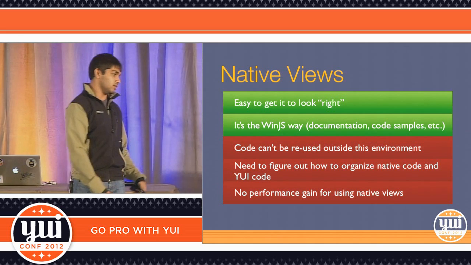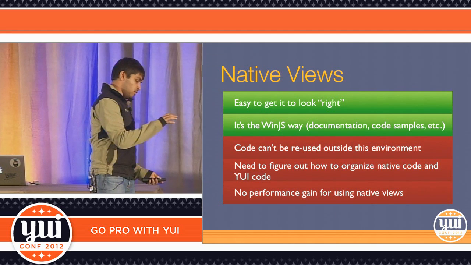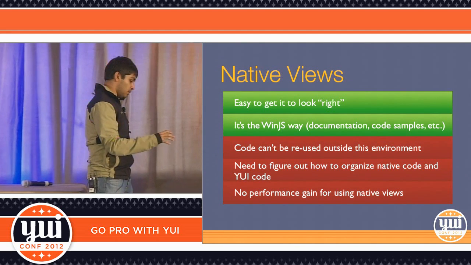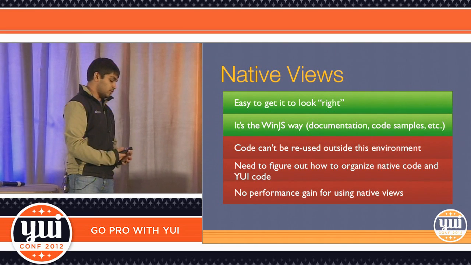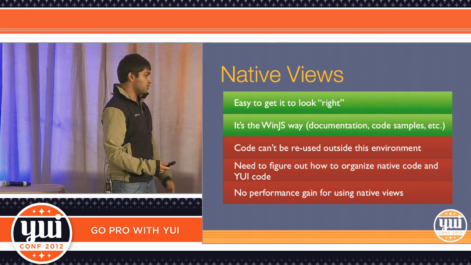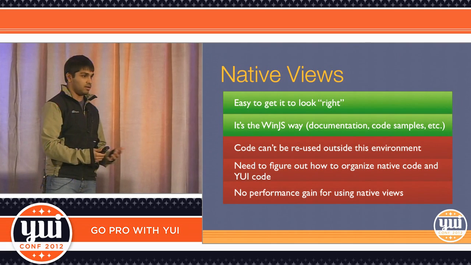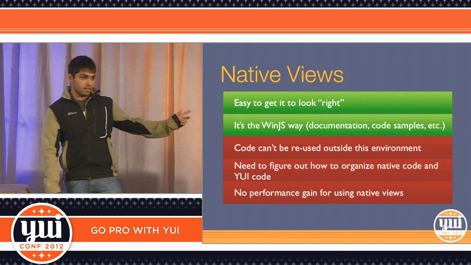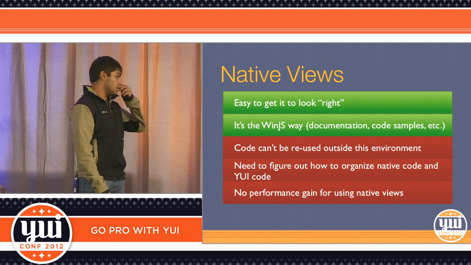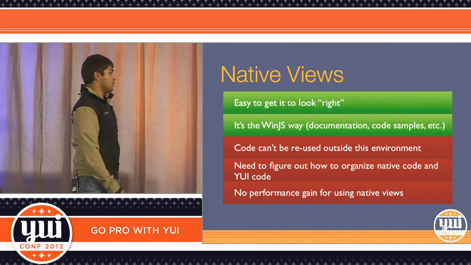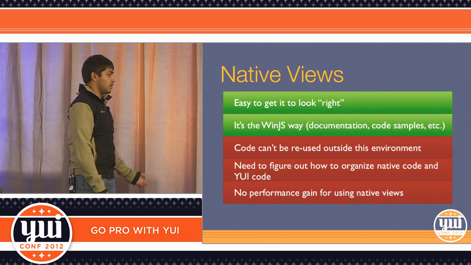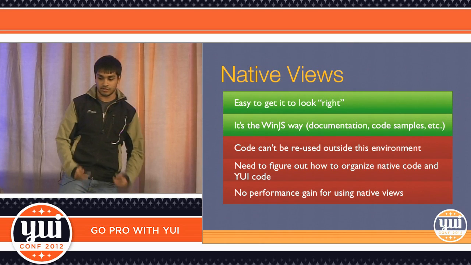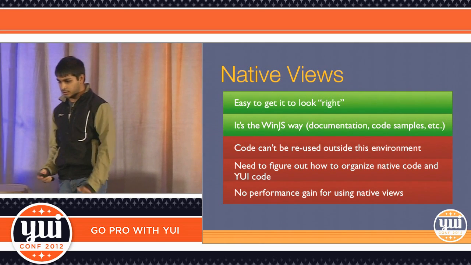You have to pass in some alternative functions to tell the native view how to group stuff, and then you also have to pass in only an array. So there's some architecture that you have to do to make sure that your code is at least getting clean. And another con, which doesn't exist on Android or iOS, you could say, is that there's no performance gain for using native views. Again, it's all HTML, CSS, and JavaScript under the hood.